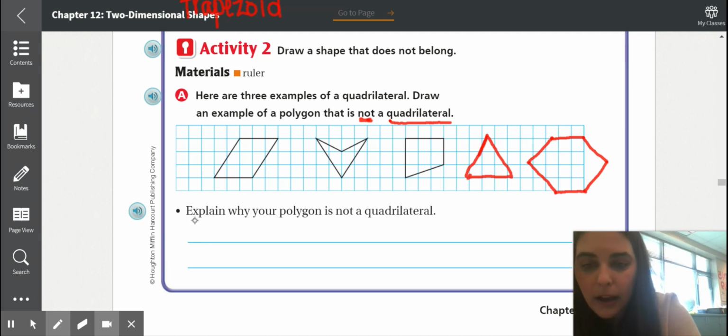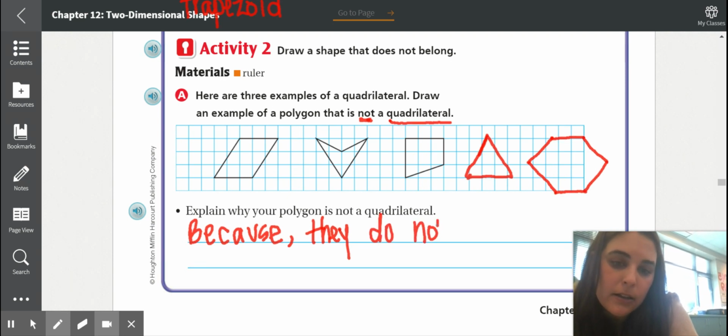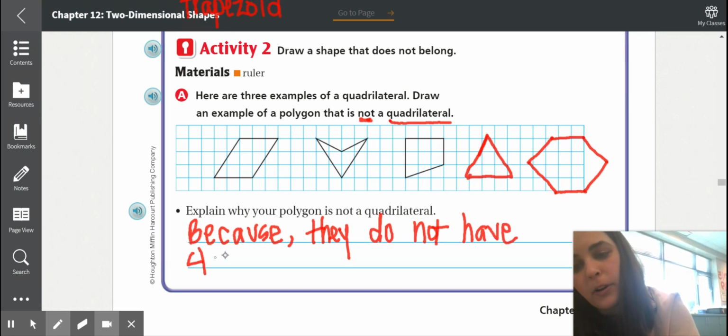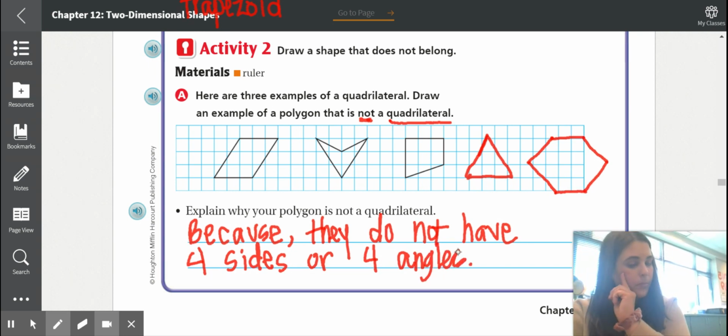So we could say, because we drew 2 shapes, we have to say they do not have 4 sides or 4 angles. And quadrilaterals have to have 4 sides and 4 angles.